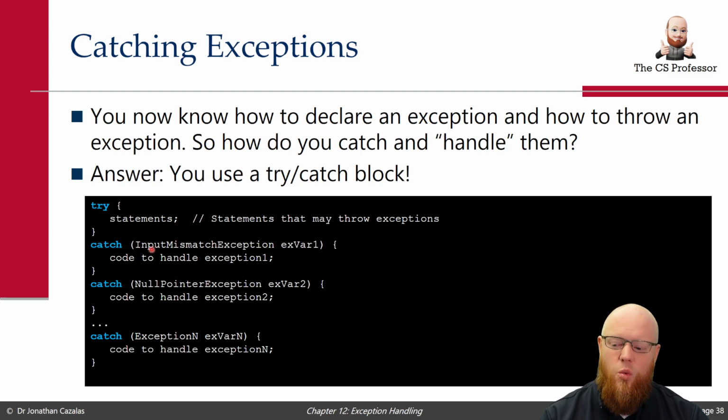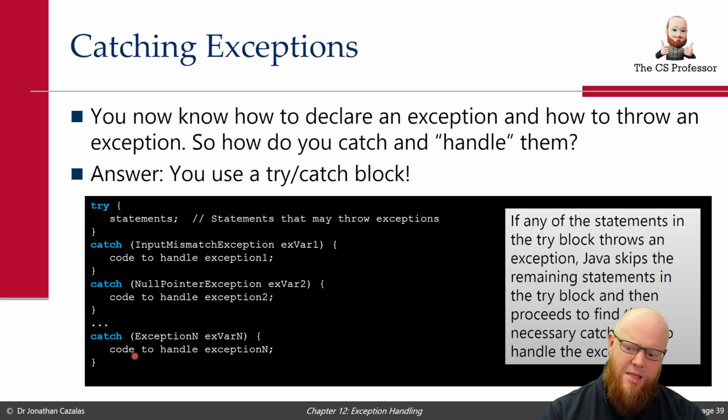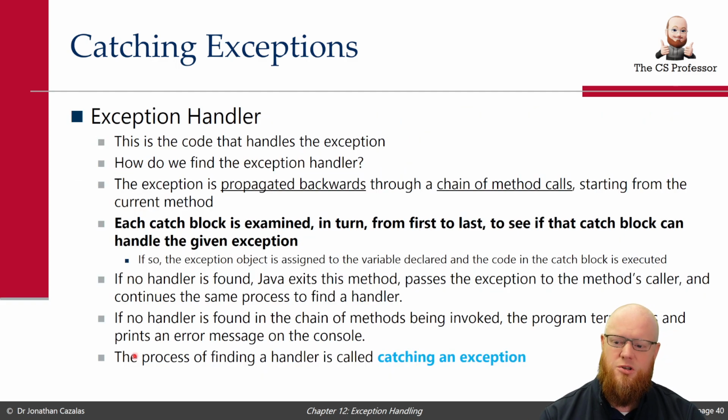And once any one of these catch blocks is found to be a match, like we can catch an InputMismatchException, if that's the exception that was thrown, then we ignore all of the subsequent catch blocks. So if what was thrown was a NullPointerException, for example, we will skip this because it doesn't match. We come to this catch block, we will execute the code inside this catch block, and then skip the remaining catch blocks. This is how that sequence actually works.